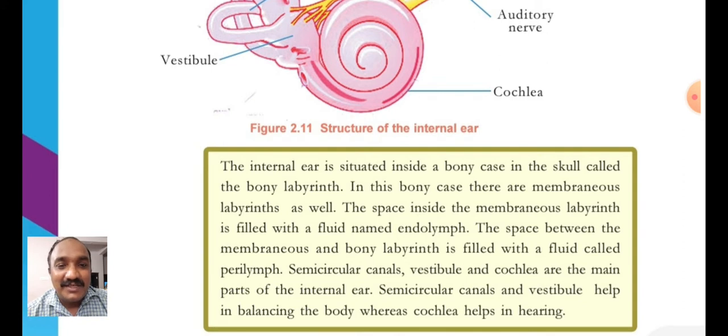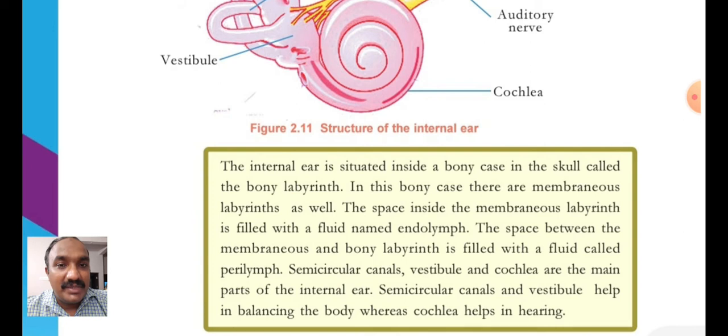Look, inside the internal ear, there is a membrane case and also a bony case or bony labyrinth. The fluid inside the membrane case is called endolymph, and a fluid is filled in between the space of what?